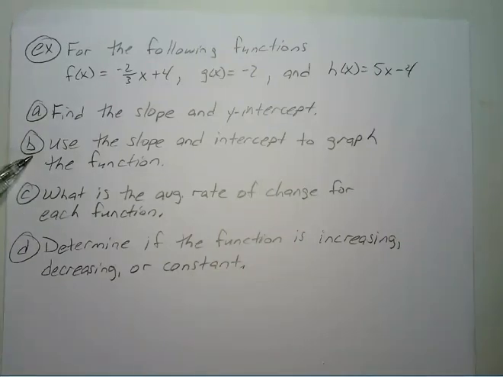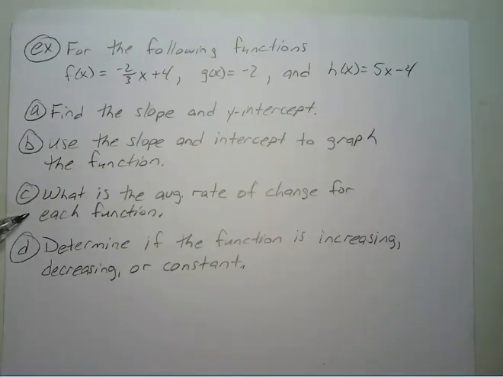For B, we want to use the slope and intercept to graph the function. Okay, so we're not going to plot points. We're just going to use the slope and the intercept to graph it. For C, we want to find out what the average rate of change is for each function. And for D, we want to determine if the function is increasing, decreasing, or constant.